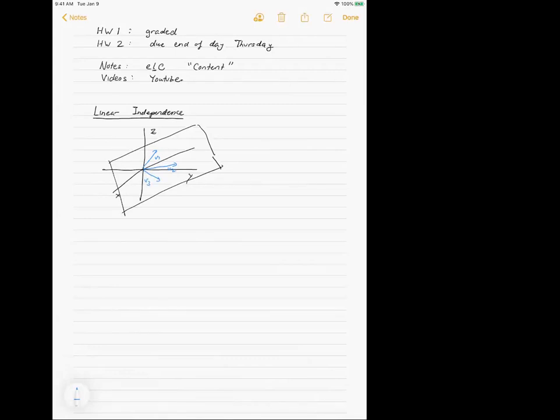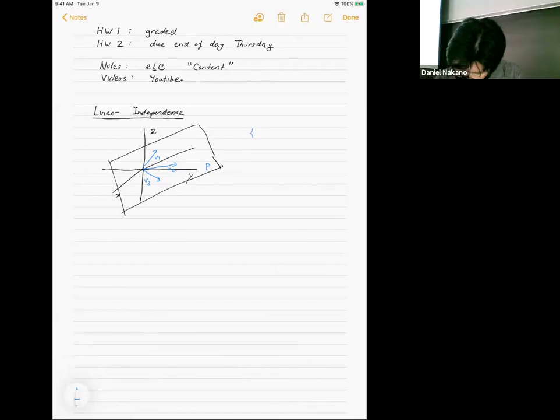So let's say they're all in the plane here. So V1, V2, and V3 are contained inside the plane P. Well, then V1 is a linear combination of V2 and V3, and the other ones are the other two also. So this set is not linearly independent.